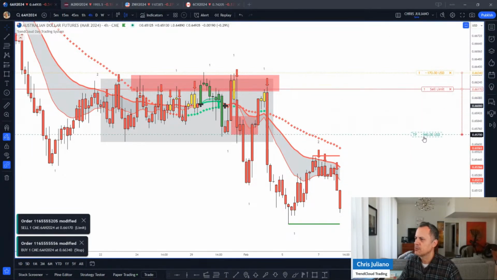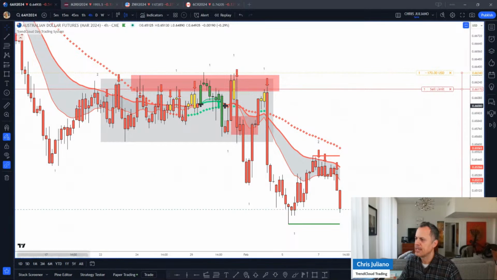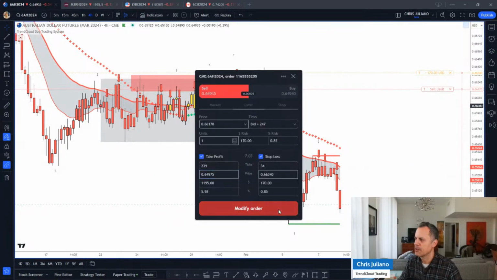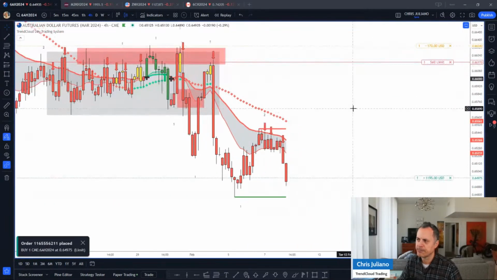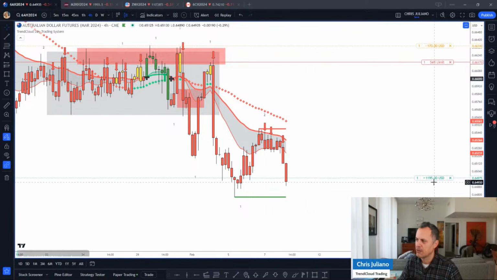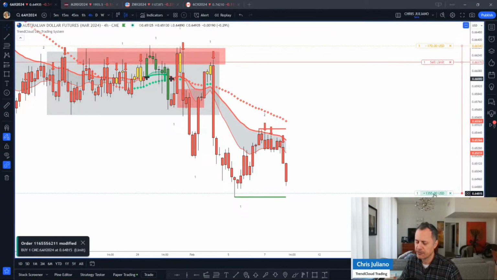But what did it do? Now it moved all the way down. That's a huge move. And it's still going, right? This thing is still going. $170 risk and almost $1,200. No, it's more than that, right? Went all the way down. Right? $1,300 on $170 risk.